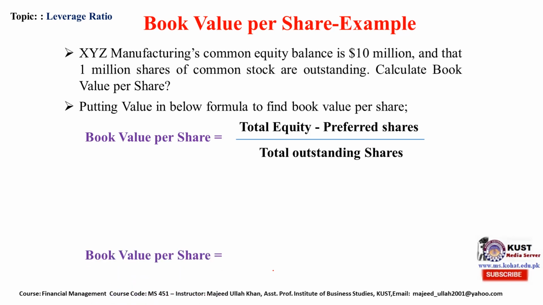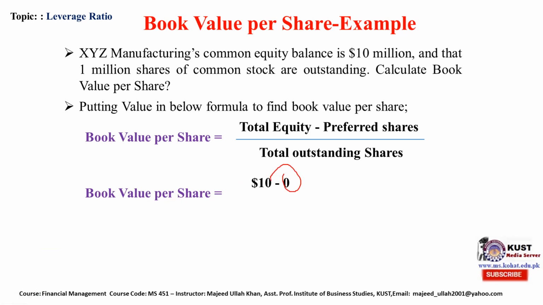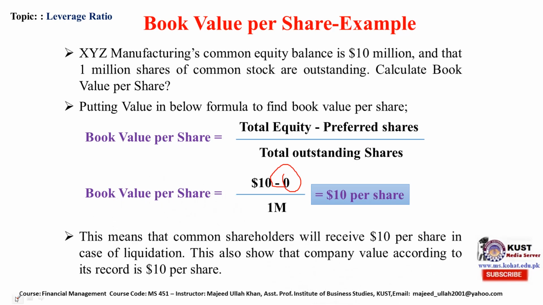So book value per share is equal to $10 million minus 0. Why is it 0? Because there are no preferred shares. Divided by 1 million outstanding shares, book value is equal to $10 per share.